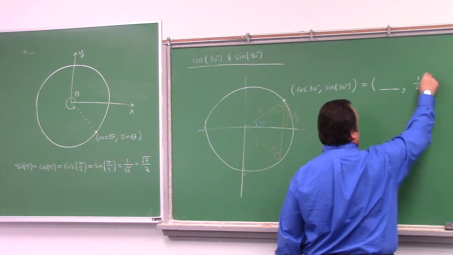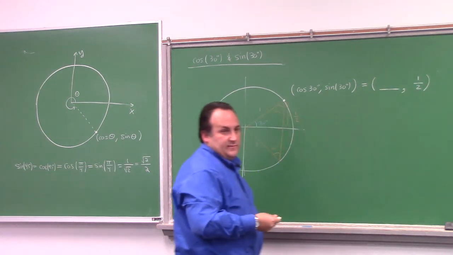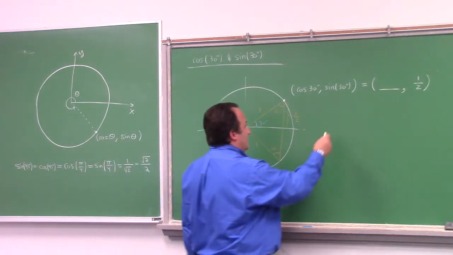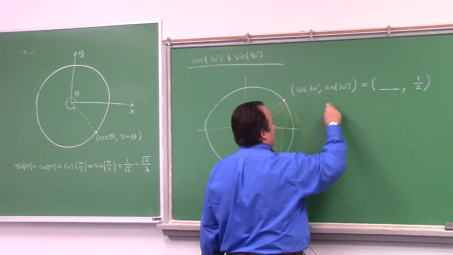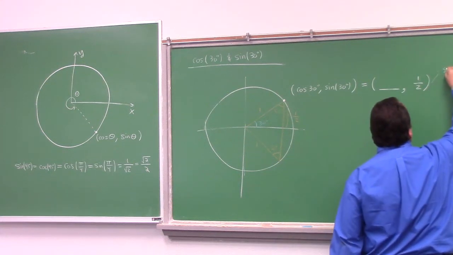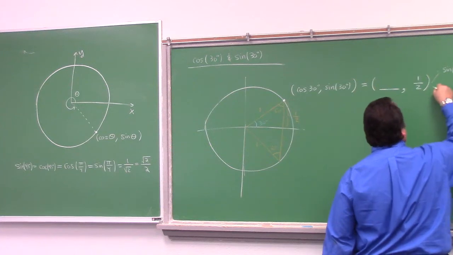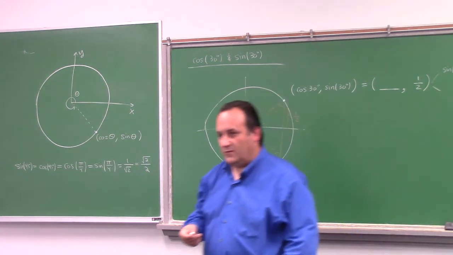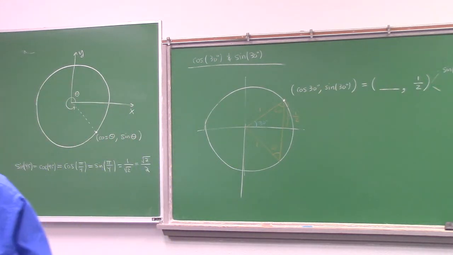You guys just told me that a second ago. So we can already see from this picture that the sine of 30 degrees is 1/2. We're trying to figure out the sine of 30 degrees and the cosine of 30 degrees.